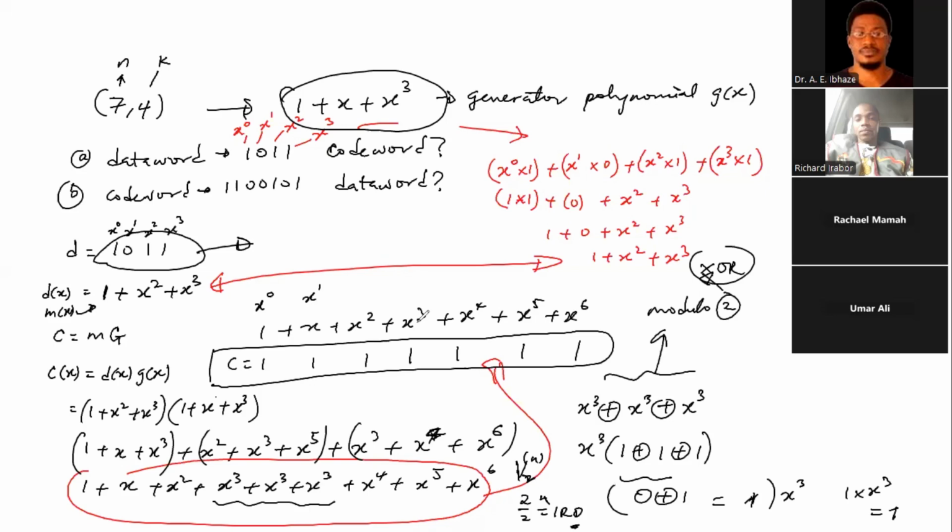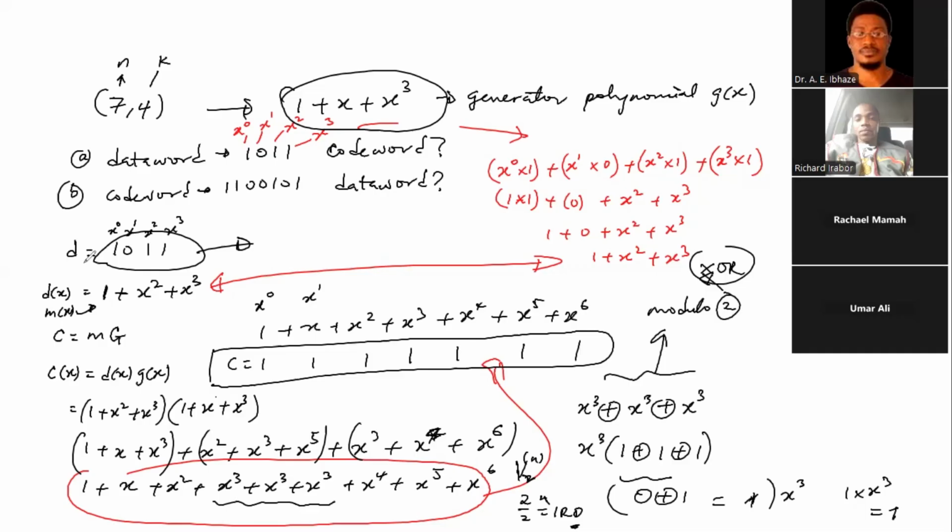So let's assume we had just x cubed plus x cubed. It would have reduced to 0, so it will be 0 times x cubed, and this x cubed plus x cubed will disappear. Does that make sense? Yes, sir, it does.